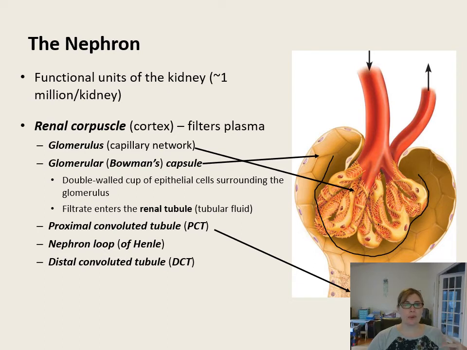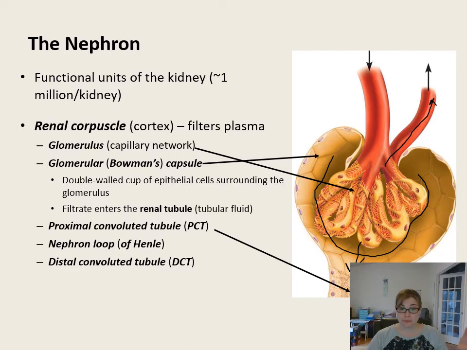And it's a double layered wall, or cup, of epithelial cells. And as we separate by size, the filtrate, the stuff that was small or dissolved in water, is going to continue this way. And the larger materials are going to leave through this blood vessel and eventually will return to the body. Not all of it, but some of it.